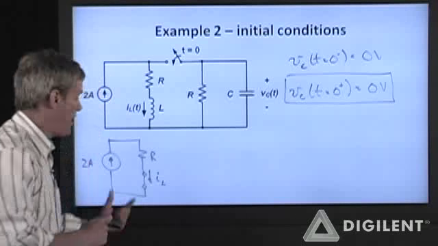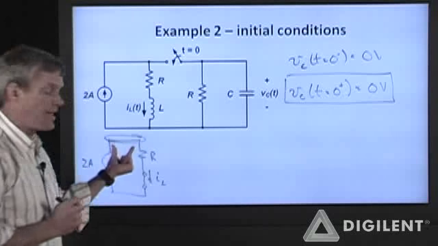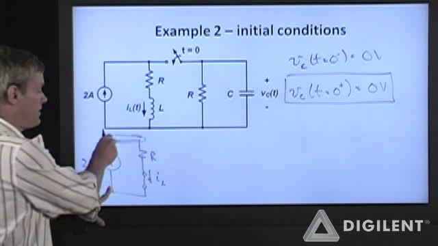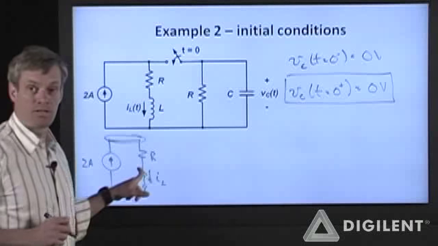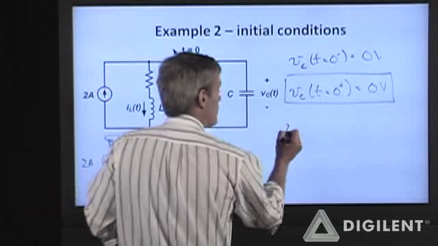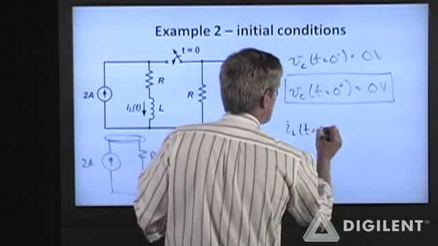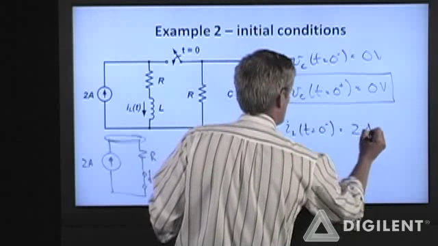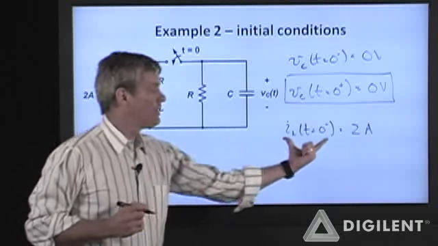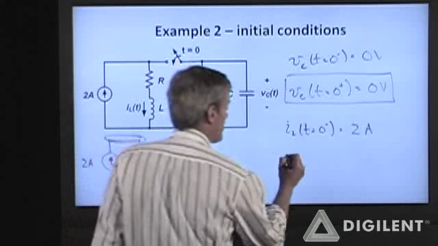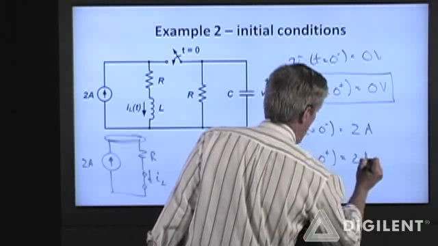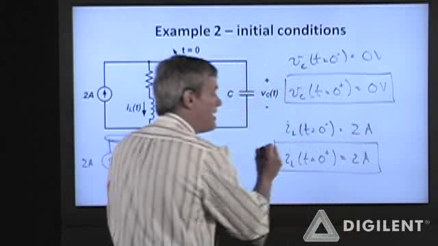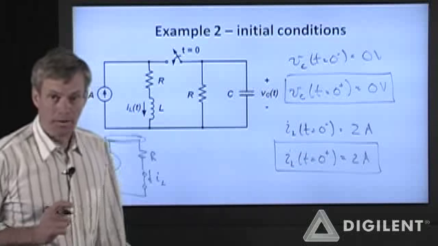This I sub L, if I do KCL here, just tells me that if this 2 amps is going here, the 2 amps has to go through this resistor-inductor combination. So I sub L at t equals 0 minus is equal to 2 amps. I know that inductor currents can't change suddenly, so I sub L at t equals 0 plus is equal to 2 amps. I've got the initial conditions that I want.